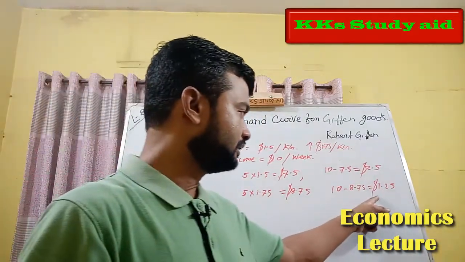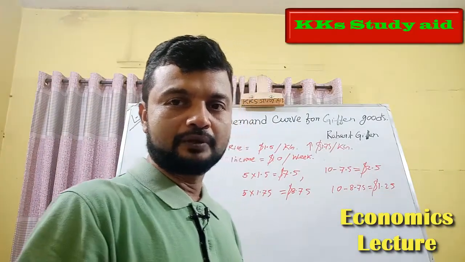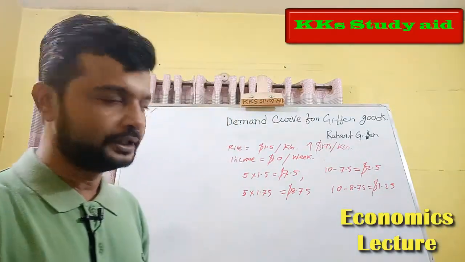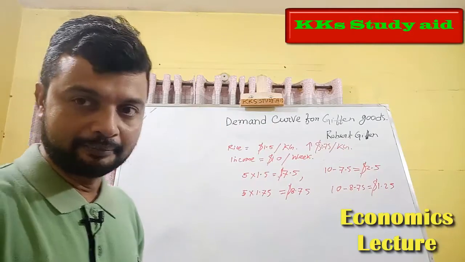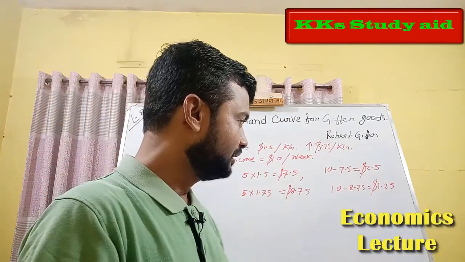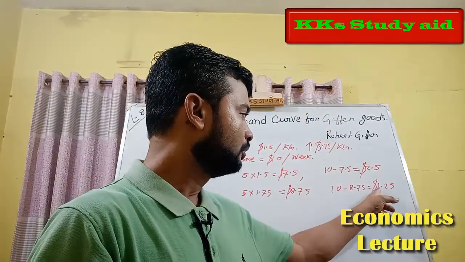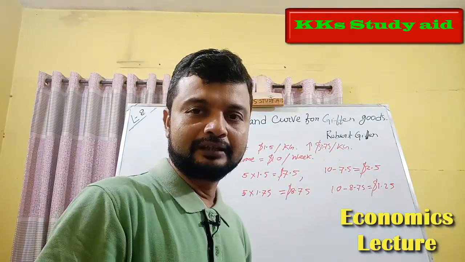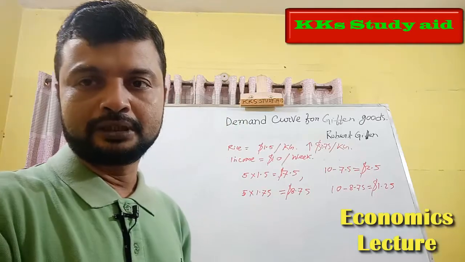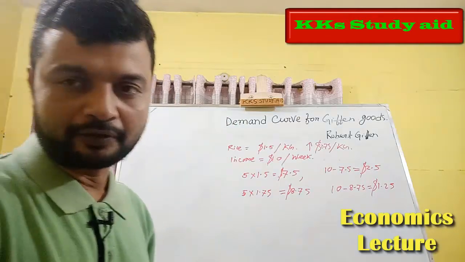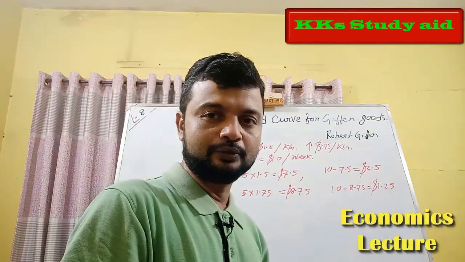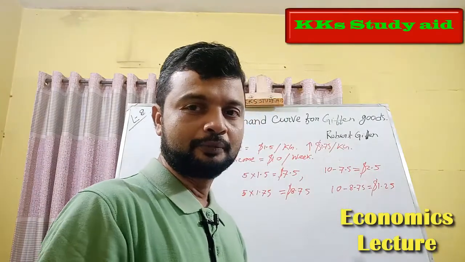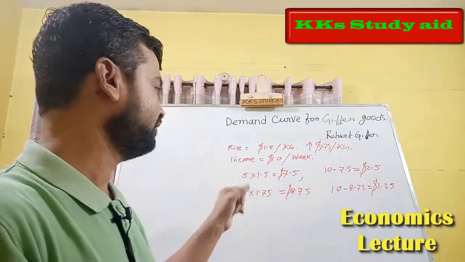He is left with only $1.25 to purchase other commodities, but the matter is that if he purchases other goods with this $1.25, he will get a very little amount of that commodity, which will become useless for him. In that case, it would be wise for him to purchase the basic staple foods.